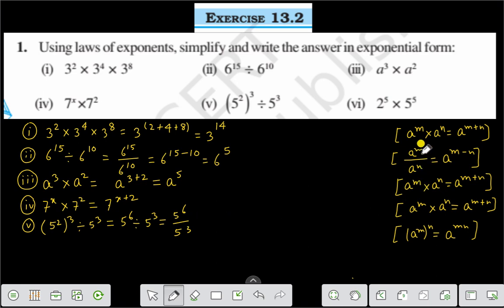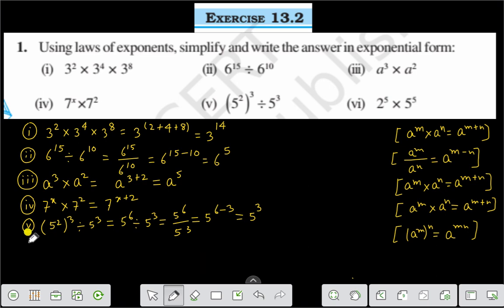Then applying the division formula, a to the power m divided by a to the power n is a to the power m minus n, we write 5 to the power 6 minus 3. 6 minus 3 is 3, so that is 5 to the power 3.